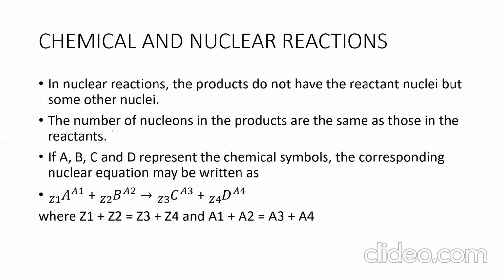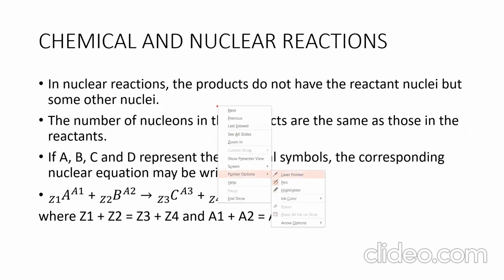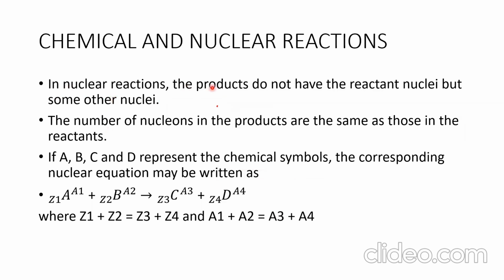But in a nuclear reaction, the nuclear structure is going to change. In nuclear reactions, the products do not have the reactant nuclei, but some other nuclei. When a particular element goes through a chain reaction or nuclear reaction, its nucleus is going to change.